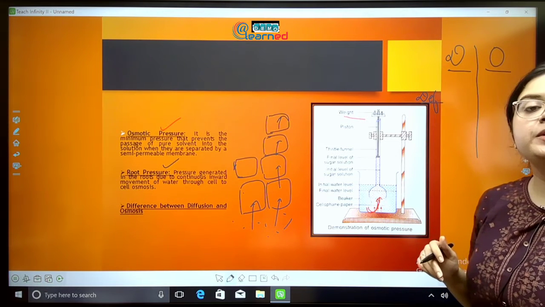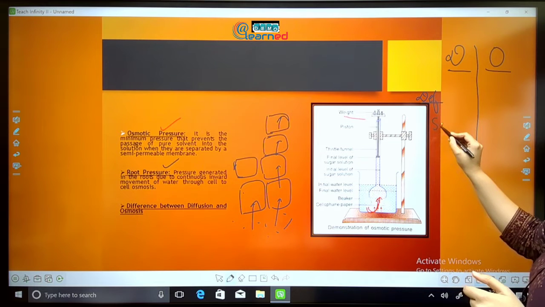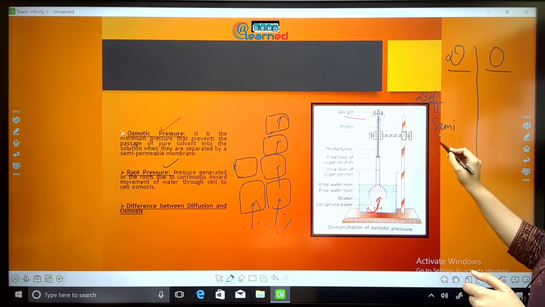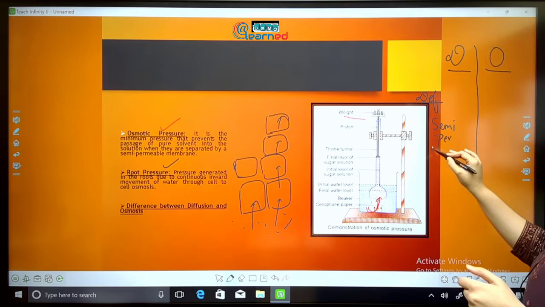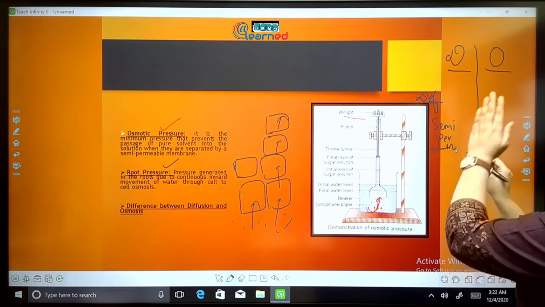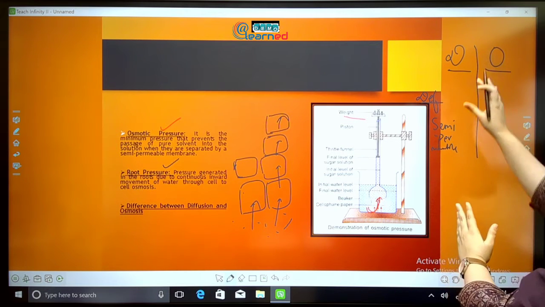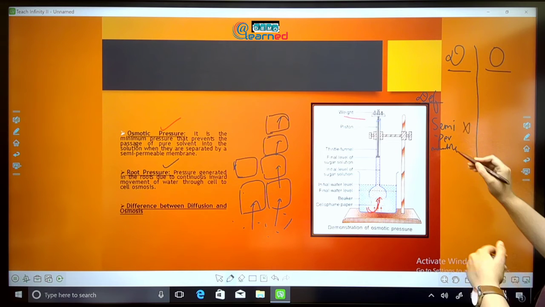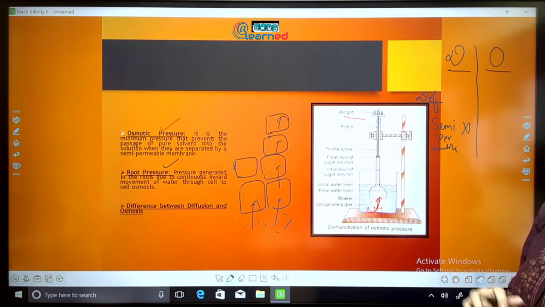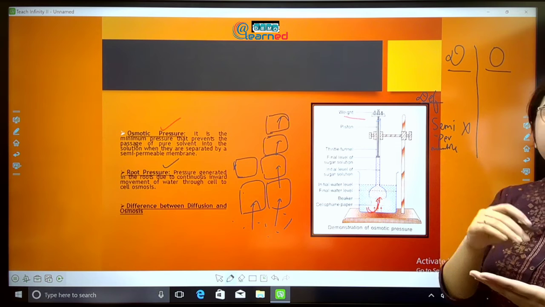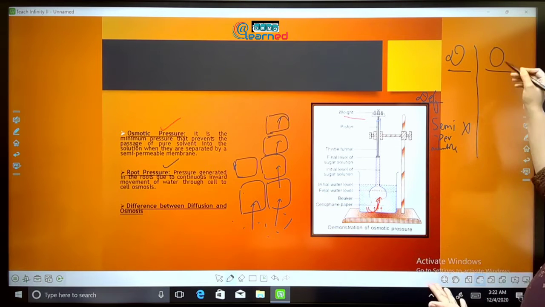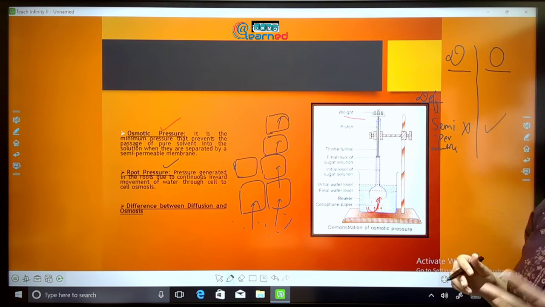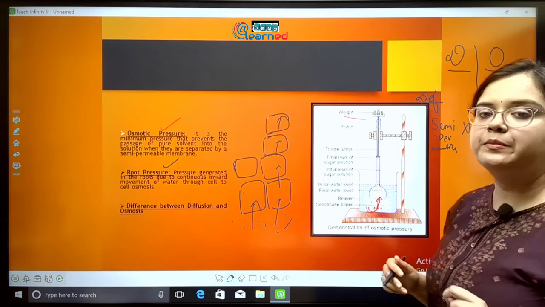Then the next parameter is the semi-permeable membrane. You have to determine its presence or absence. This is the parameter you write on the left hand side. On the right hand side, for diffusion you write no semi-permeable membrane is required. Of course, you do not give a cross, you write it in words, and for osmosis you give a tick. That means a semi-permeable membrane is there.